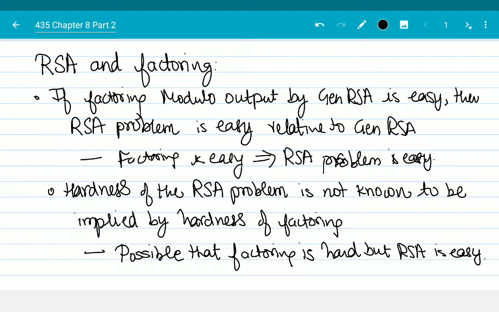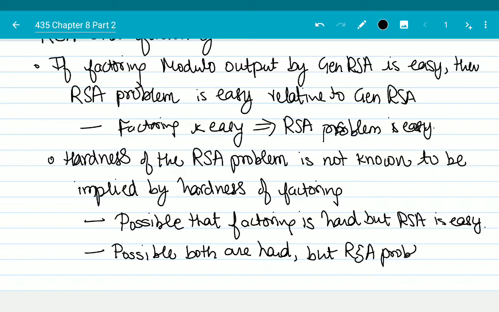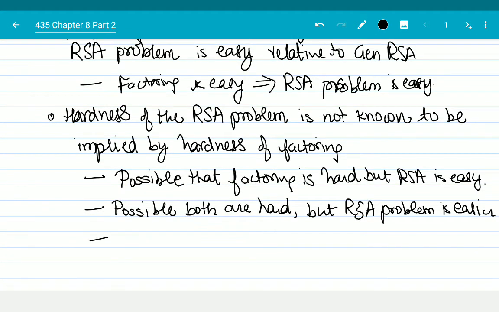Okay. It is possible that both are hard, but the RSA problem is easier. However, currently, as with a lot of problems, we do not know if RSA is hard or not. So right now, we believe that it is hard.